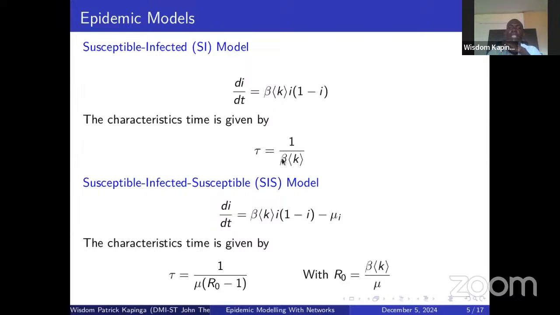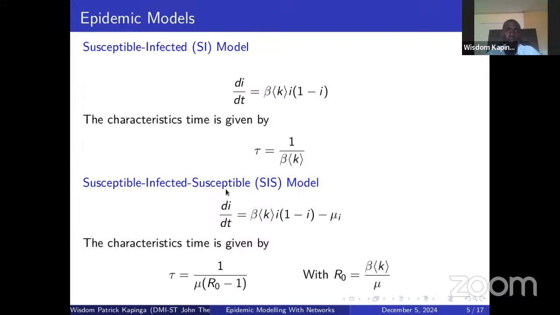When you look at beta, which is the probability of one getting infected, and k, which is the number of contacts, if you multiply beta times k, this gives you the transmission rate, or the rate at which the disease will spread in that population. And if you take the inverse of that, which is 1 over the transmission rate, that will give you the characteristic time, which is the time it takes for an infected person to transmit the disease to a healthy person. So basically, these are the most important concepts when we look at the SI model.